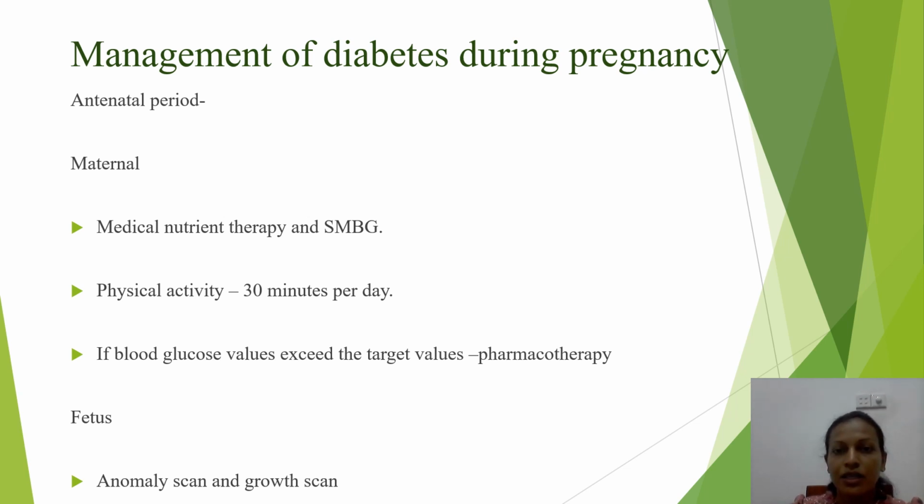During this period, we investigate the blood glucose level regularly with a blood sugar series. During the antenatal period, the baby can be managed by anomaly scan and growth scan.